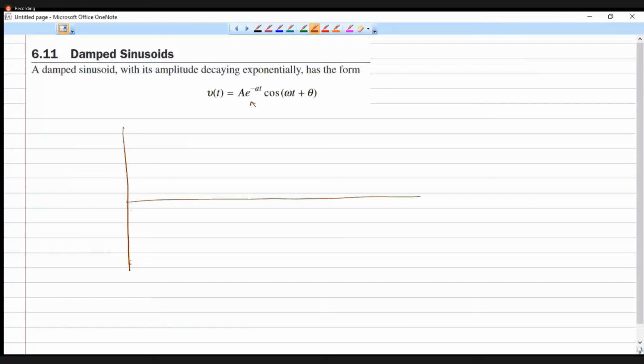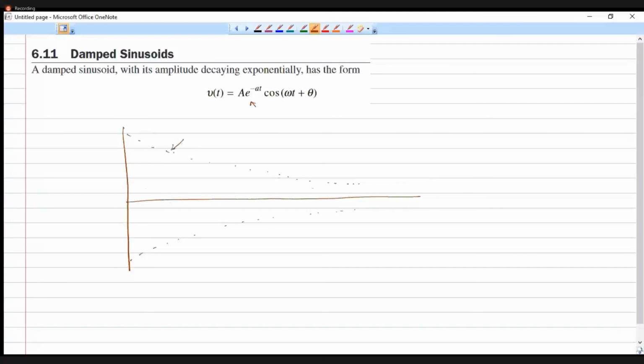Since the a is negative, we will have an exponentially decaying function here. If a was positive, then it will be an exponentially increasing function, equivalent to an undamped oscillation in which the amplitude will go on increasing.